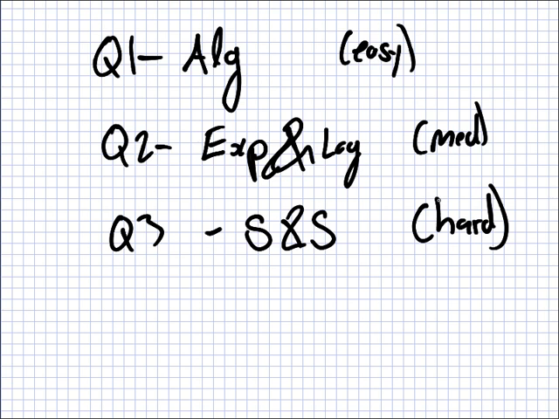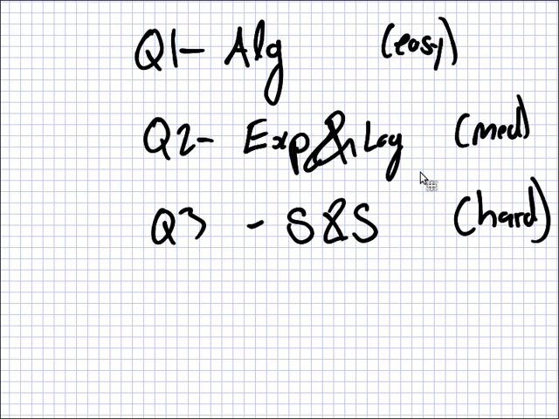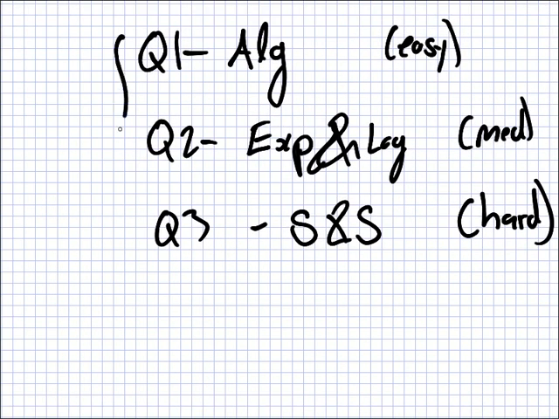So this is what I think. I haven't decided on how to allocate the marks. As an example, I could make this one 40 marks, this one 30 and this one 30.